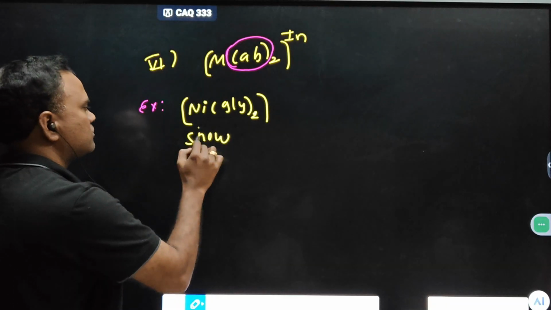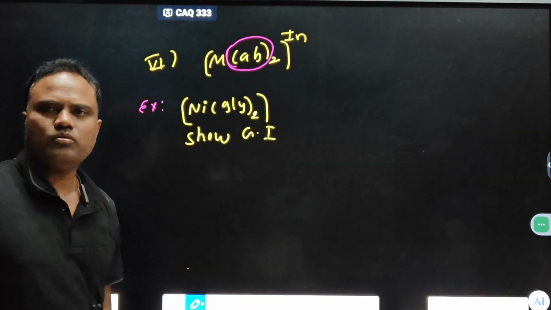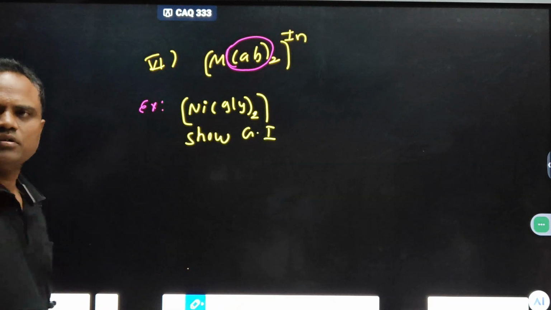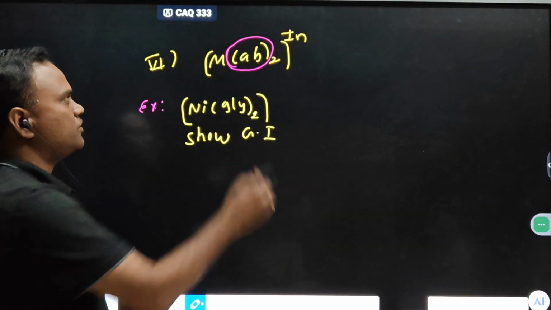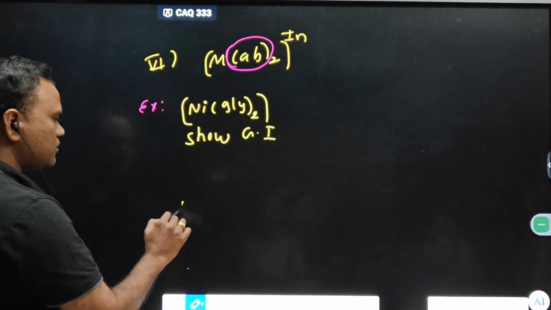Shows. Why? What are donor atoms in GL? Oxygen and nitrogen, 2 different. So AB category.